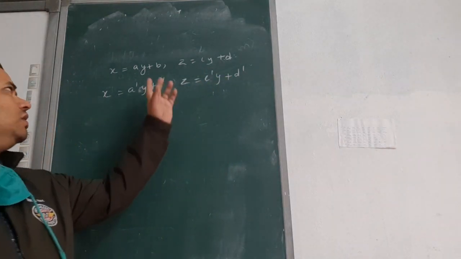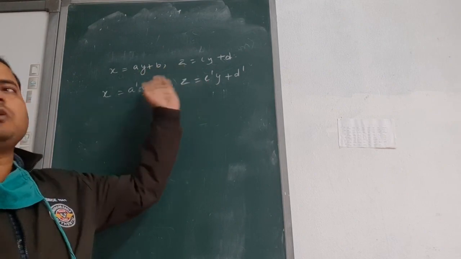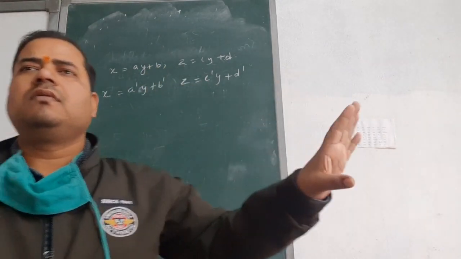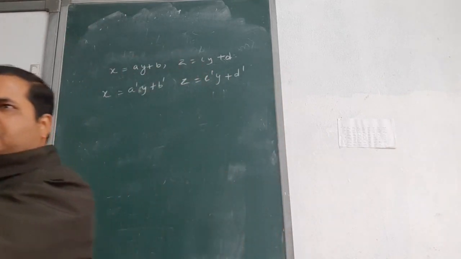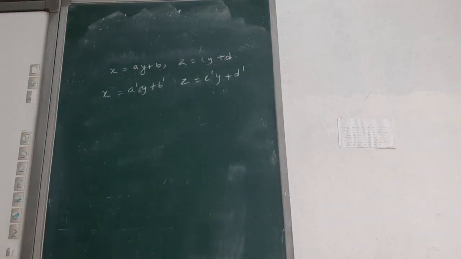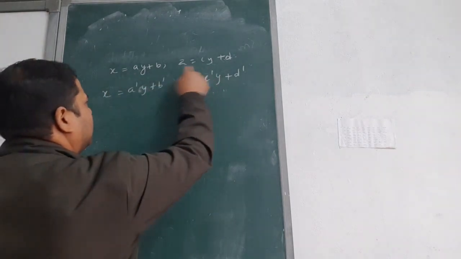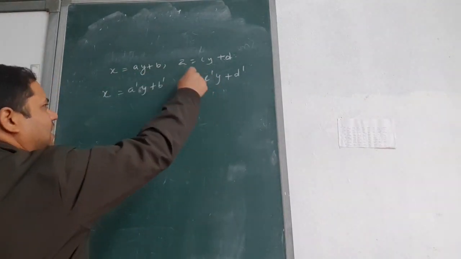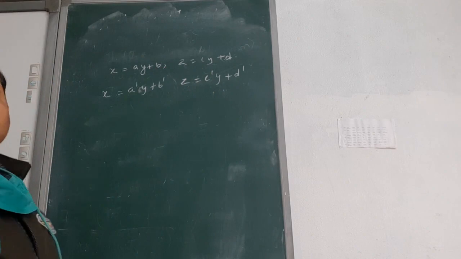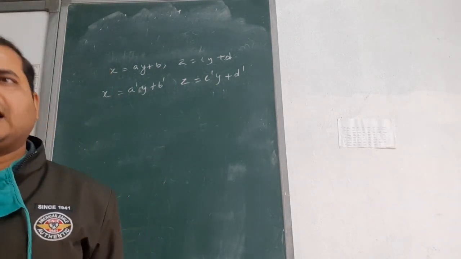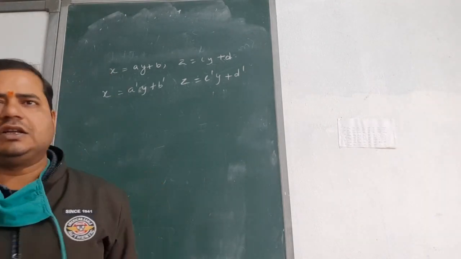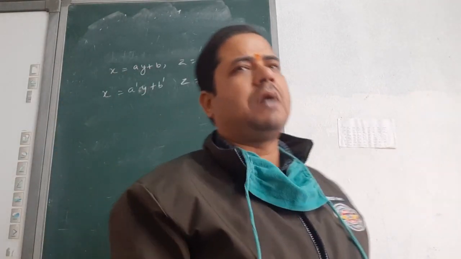You know if you intersect two planes, then you get a line. So from these two planes you get the first line, and from the other two you get the second line. Clear?